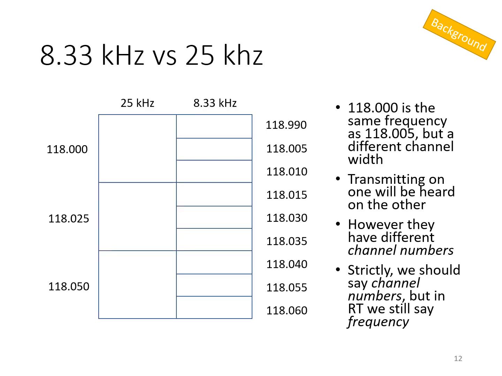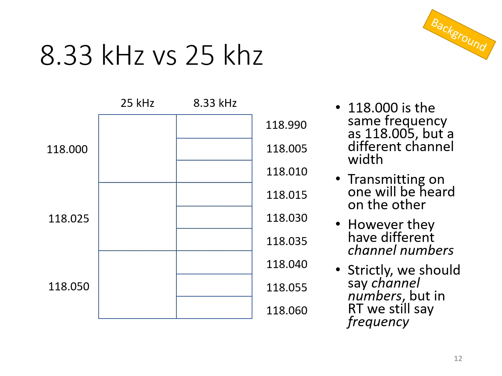In 2018 and 2019, we carried out the bulk of the change to 8.33 kHz channels. Each 25 kHz frequency has been split into 3. Strictly, we should now talk about channels rather than frequencies, but for RT purposes, we are retaining the word frequency, even though the channel number isn't exactly the frequency on which the radio is transmitting.